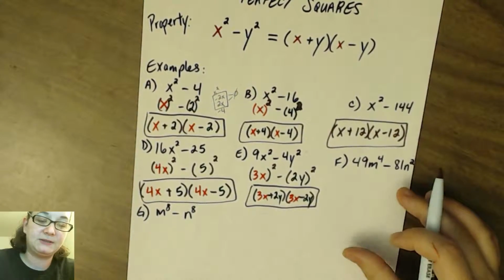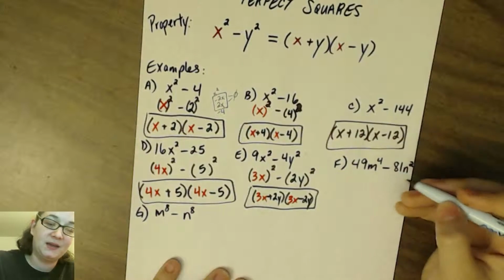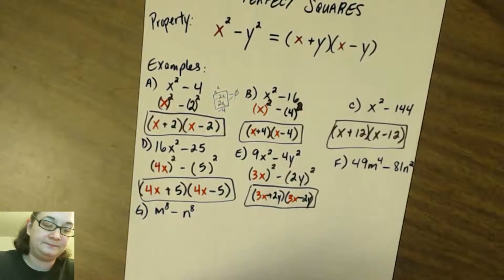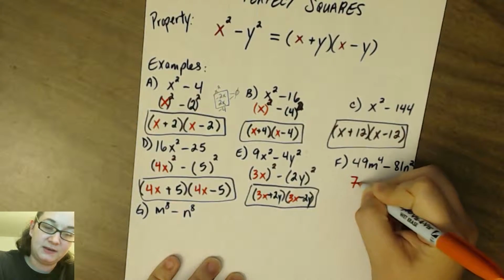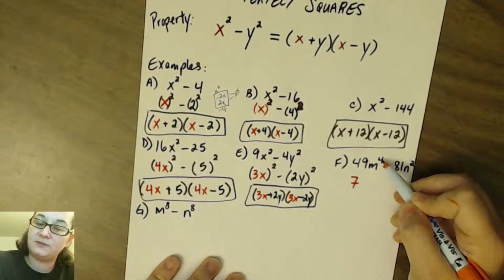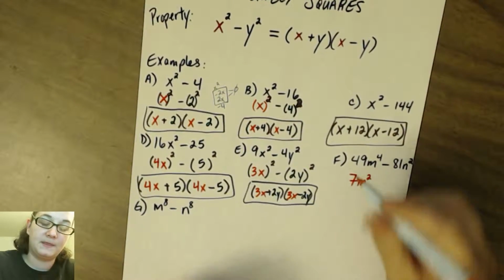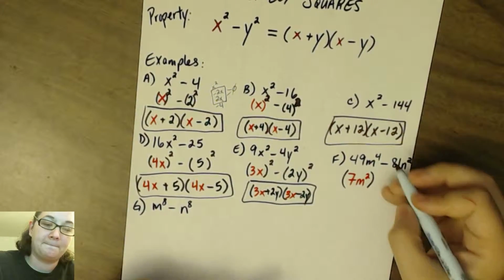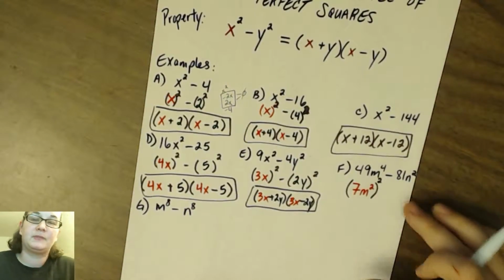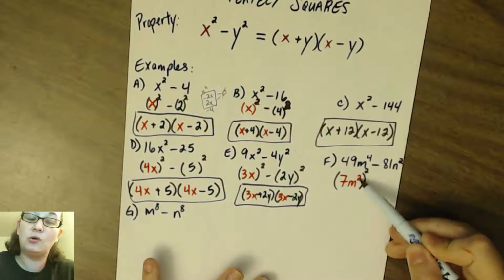So for this second to last one, I have the square root of 49 is 7. The square root of m to the 4 is m squared, because the property is if I have a power raised to a power, I multiply.